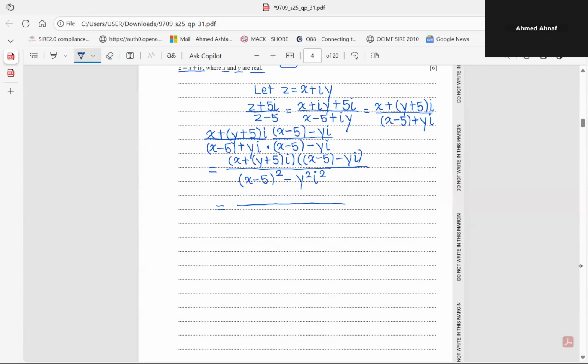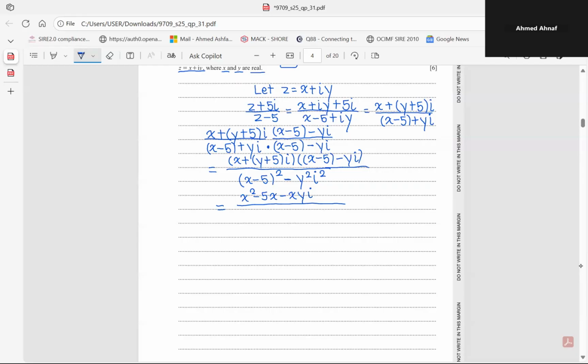Okay, let's simplify the numerator first. So let's expand it. x times x minus 5, that is x squared minus 5x, and x times minus yi, that's minus xyi.